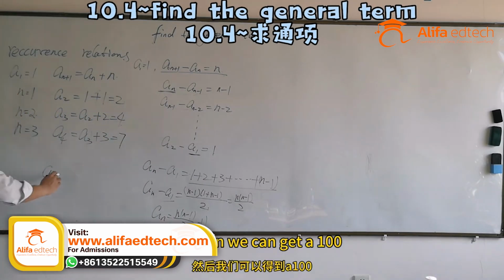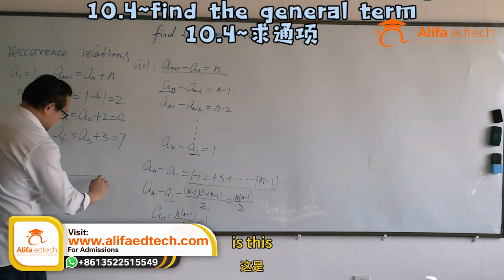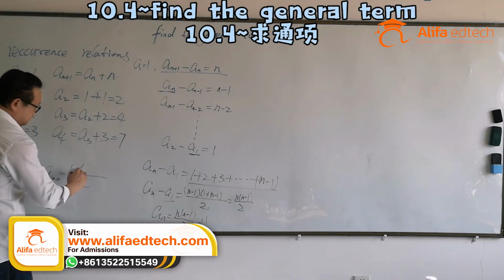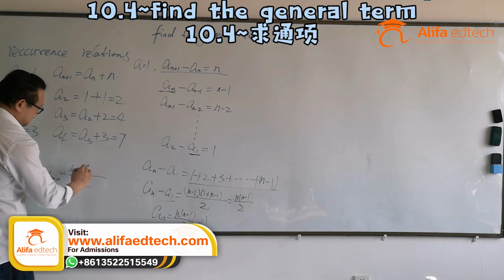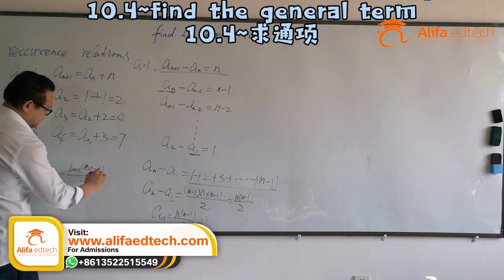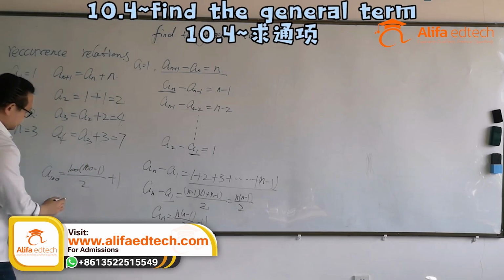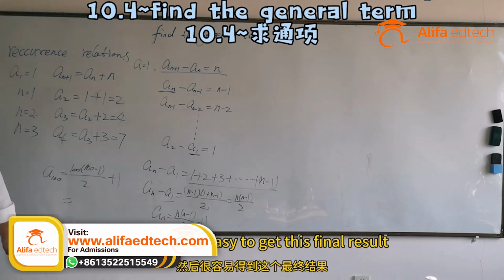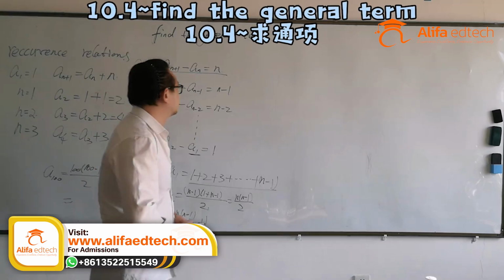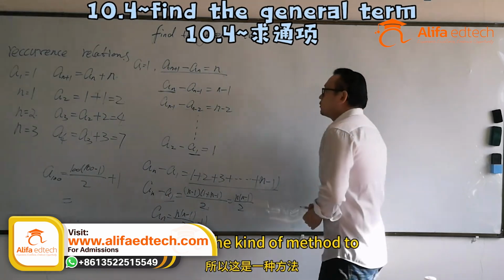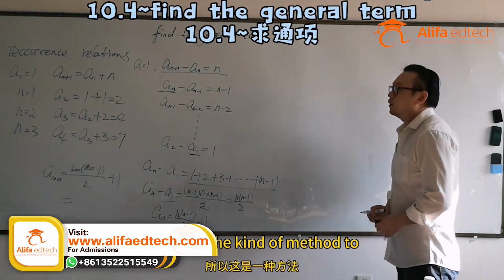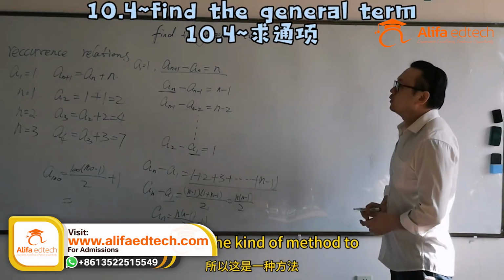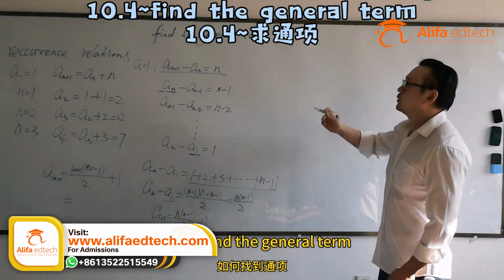And then we can get a100 is this. And then it's easy to get this final result. So this is the kind of method to find the general term.